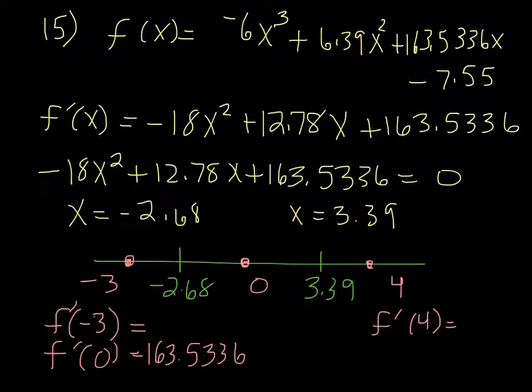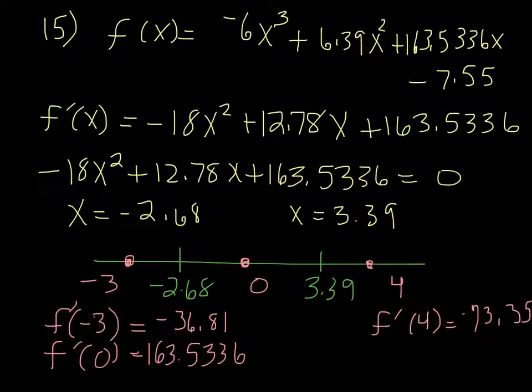And right now it's not set up for me to put my own values in, so I'm going to go to second window, and instead of having the independent be auto, I'm going to select ask and then go back to second graph, and I'm going to put negative 3 in, giving me negative 36.81, and I'm going to put 4 in. That's a negative 73.35.